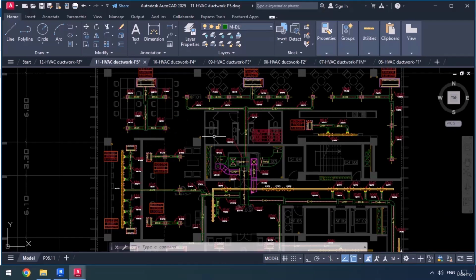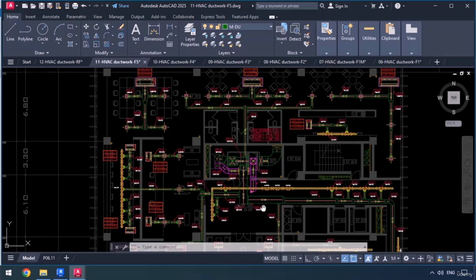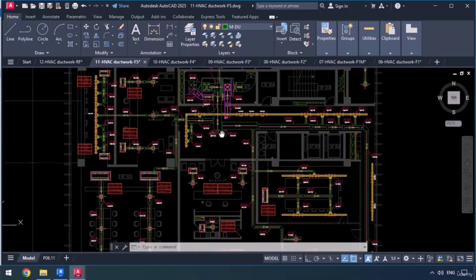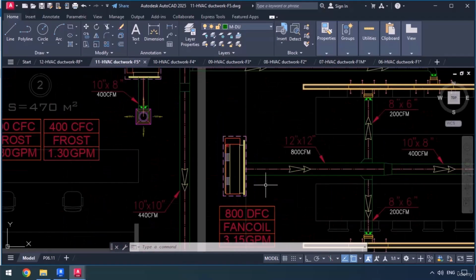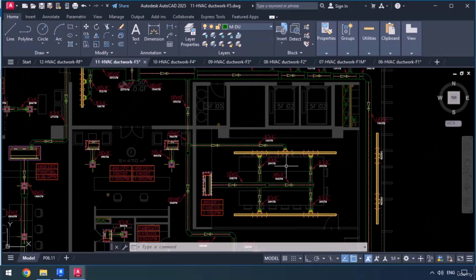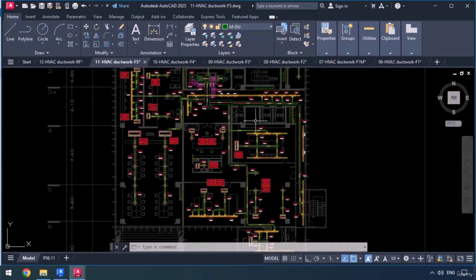Then we also have the air handling unit, which also has some other terminals connected to itself. Remember that the fan coil units can also lead to plenum boxes, and that means that we might have linear slots like this one, which comes after the plenum box behind it. Now we're going to talk more about them later, and when we get to the modeling process, we're going to see how they are placed.